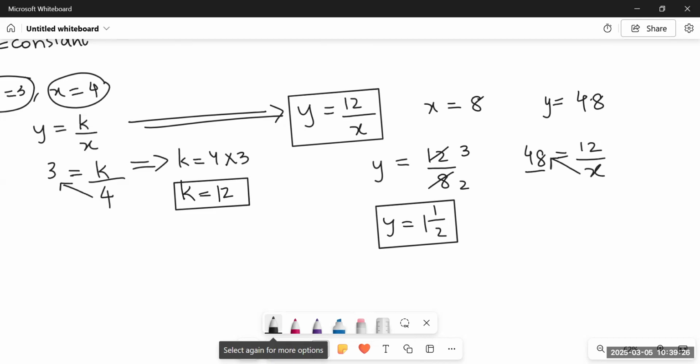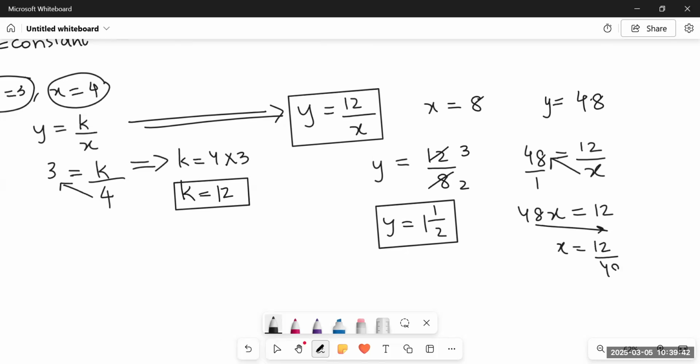We will multiply 48 with x in the first step, and then we will move 48 to the other side, and it becomes x equals 12 upon 48. Now, when I simplify it, 12 ones are 12, 12 fours are 48. So x equals 1 upon 4. This is how we have to solve these types of questions.